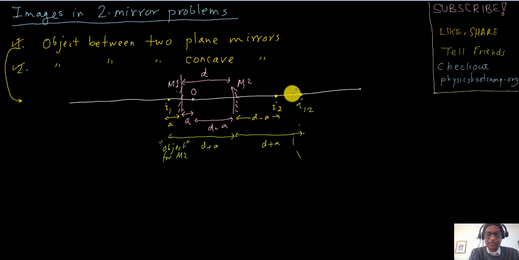So this one has reflections from both mirrors. You can draw rays, and you can actually see that.